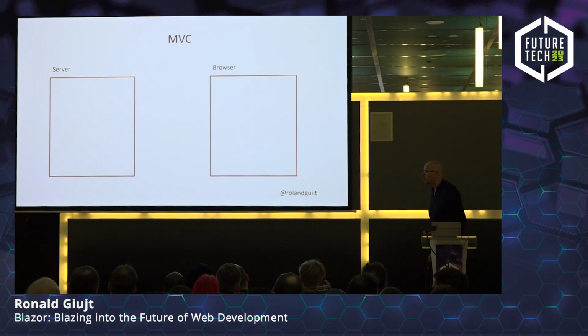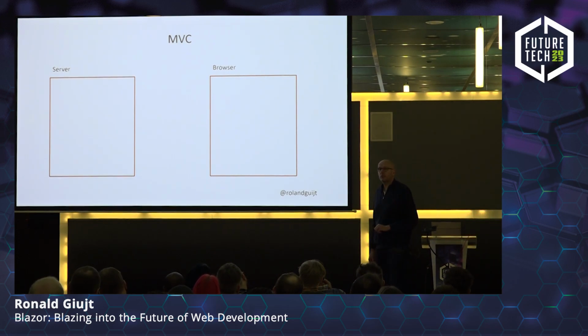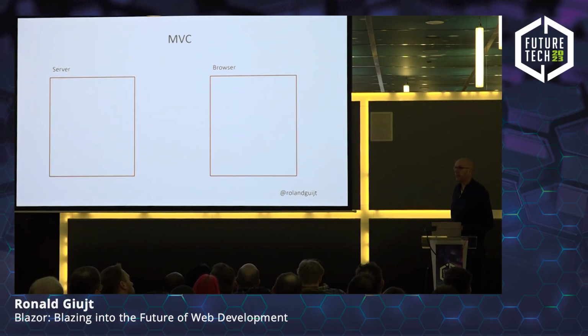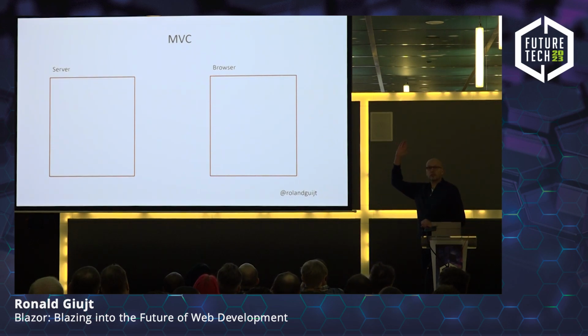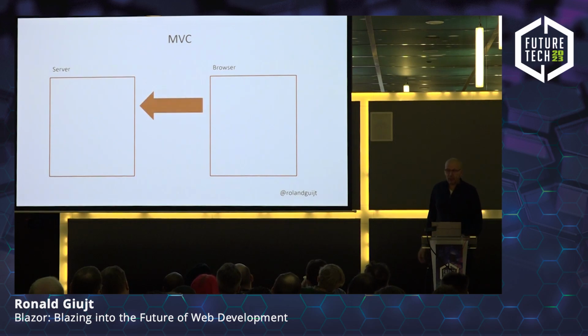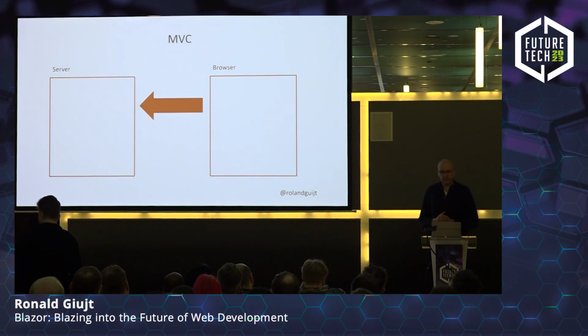All right, so let's start with a traditional server-side ASP.NET Core application, right? Let's say it's an MVC application. So how does it work? We have a server on the left side and a browser on the right side. The browser does a request to the server. Server receives the request, and it creates some kind of response, right? How does it do that?